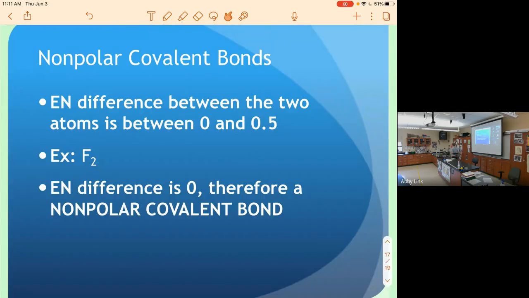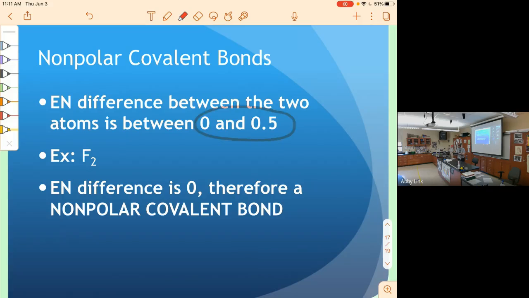For nonpolar covalent bonds, when you find the electronegativity values, you're going to use that periodic table I provided for you today, okay? When you find those values, if the difference between the two atoms is between 0 and 0.5, you're going to say, Ms. Link, that is a nonpolar covalent bond. Boom, done, question answered. It's a little bit of subtraction.